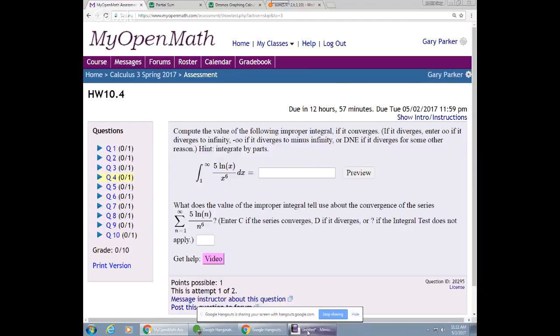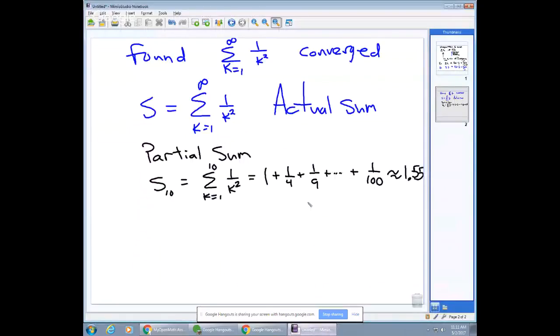All right, where were we? Back here. Okay, so in general, a partial sum can stop anywhere. It doesn't have to be 10, it could be 100, it could be 5. So usually we say S sub n, stopping at some number.